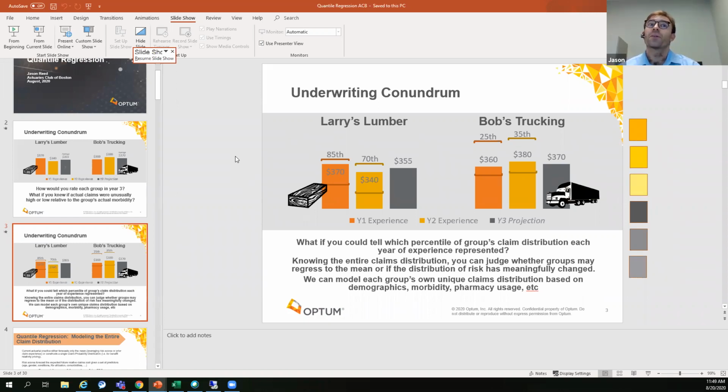So quantile regression is like an expansion of traditional linear regression. Instead of trying to predict the expected value by minimizing the sum of squared differences, it's minimizing a weighted average of over and under estimation. So it's a minimization type problem.